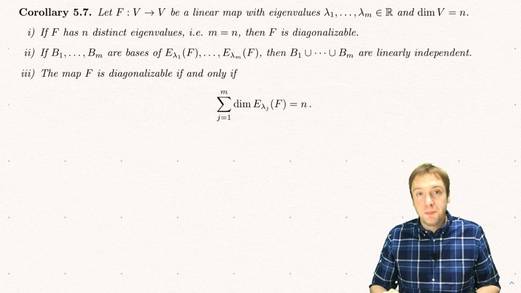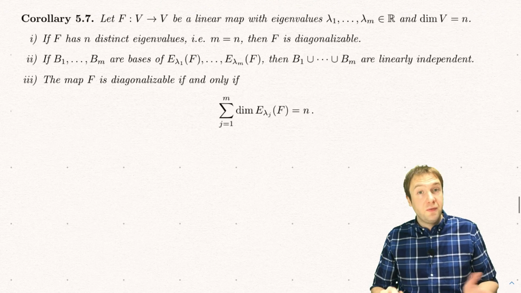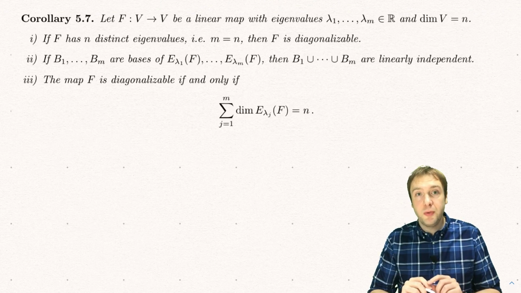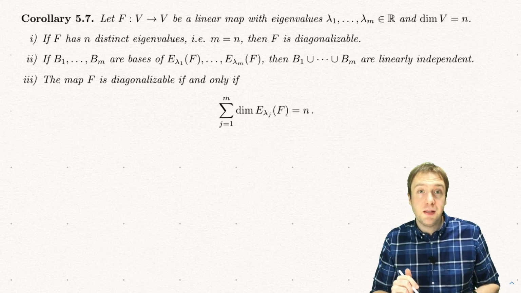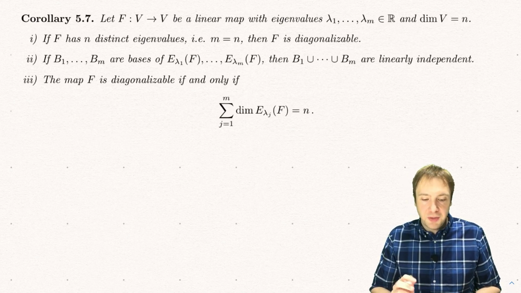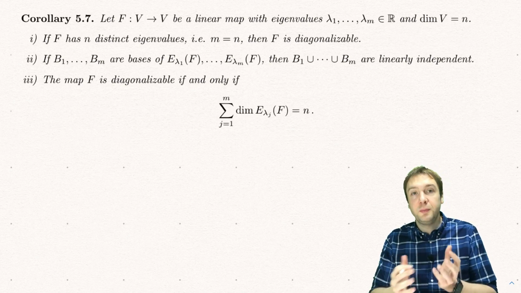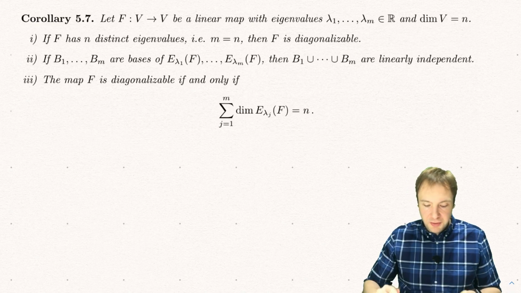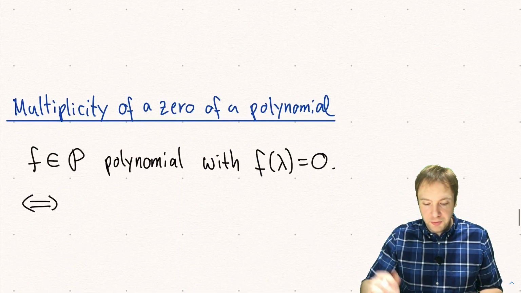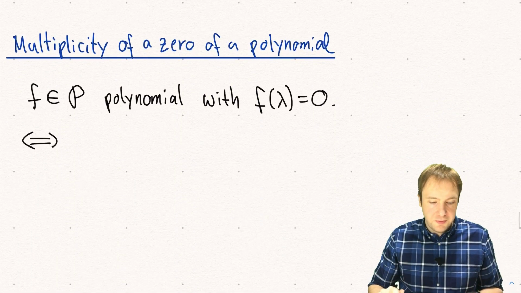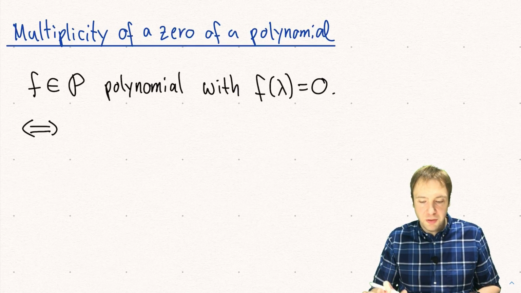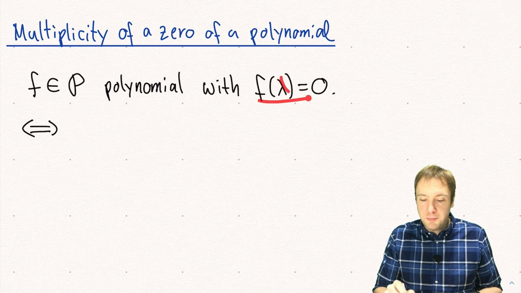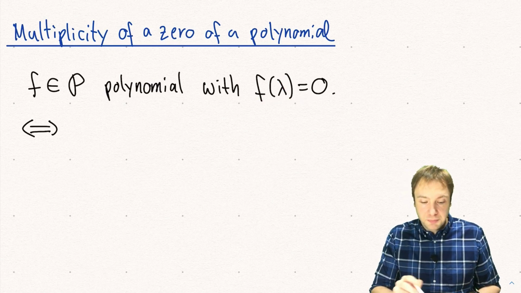But also the eigenvalues are zeros of this polynomial given by this determinant, which we call the characteristic polynomial of this linear map F. And if I have a polynomial and a zero of this polynomial, then this zero has a multiplicity. And this will also get a name, but first let's recall what a multiplicity of a zero of a polynomial is.